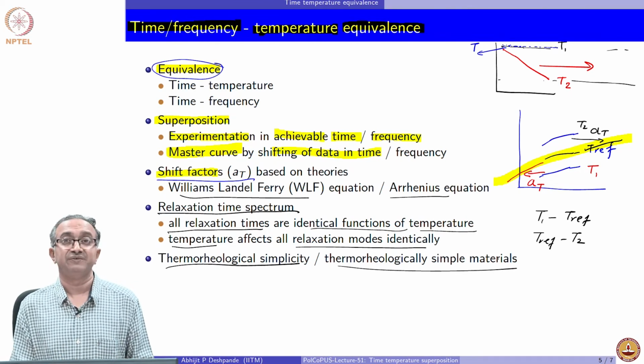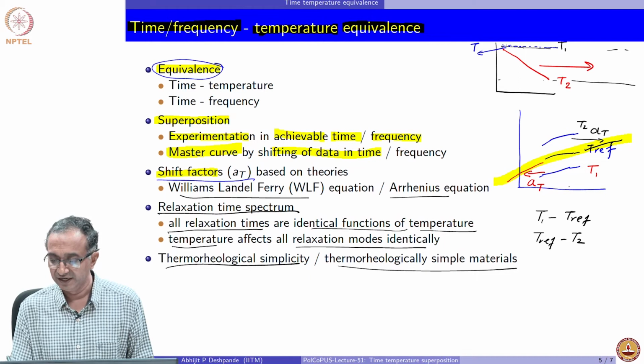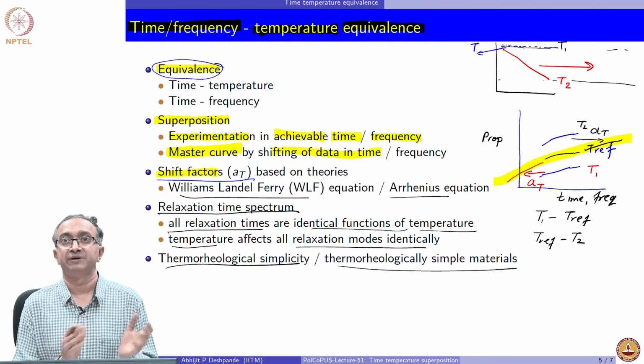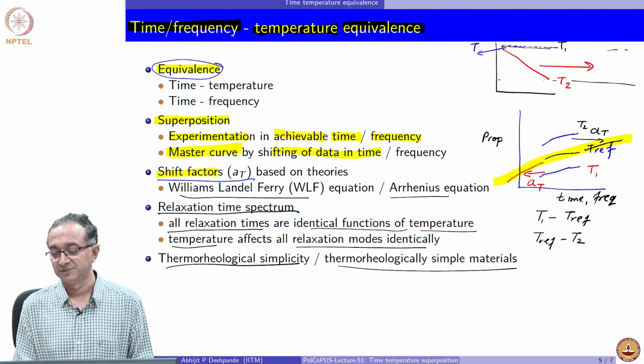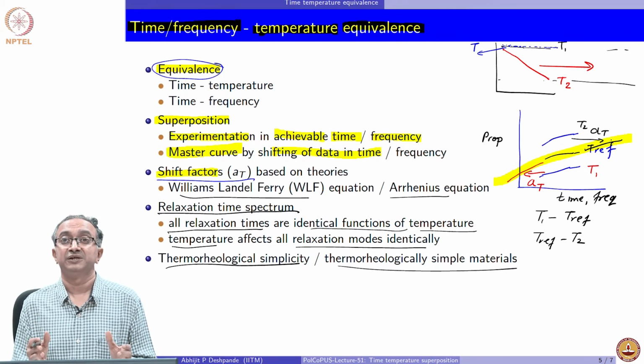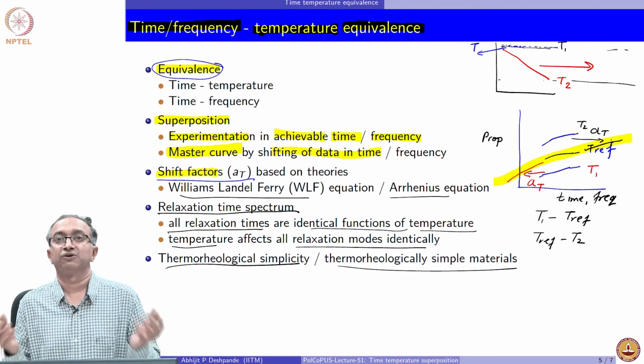This shift factor that we are talking about is a horizontal shift, which means we shift in terms of time or frequency. So the property is measured and then shifted in time and frequency at higher and lower times. That is why the master curve now effectively has information for much lower times which we had not measured and much higher times which we had not measured.